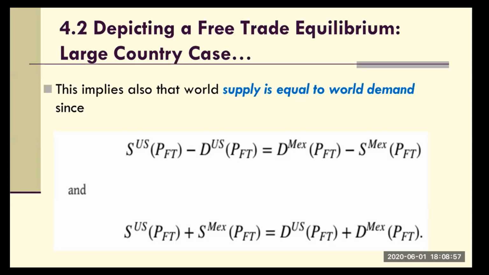The supply of the US at the free trade price minus the demand of the US at PFT is equal to the demand of Mexicans at free trade minus the supply of Mexicans at the free trade price. With the subtraction, we can put it mathematically like this. Similarly, in summation form, the supply of the US at PFT plus the supply of Mexicans at PFT is equal to the demand of the US at PFT plus the demand of Mexicans at its price of free trade.